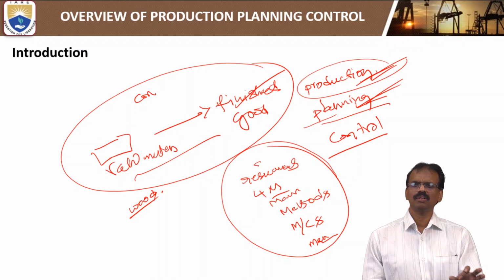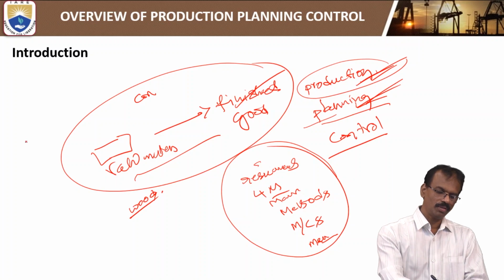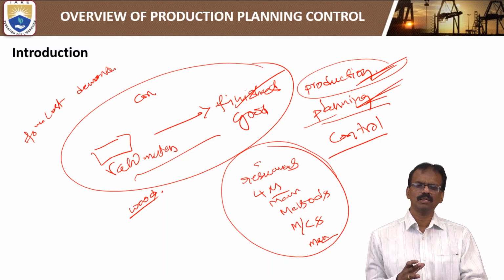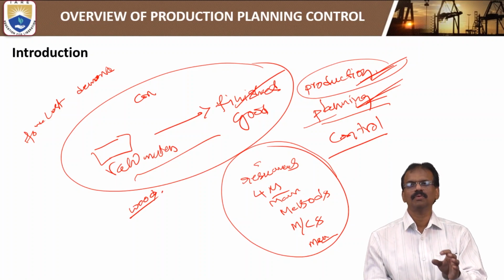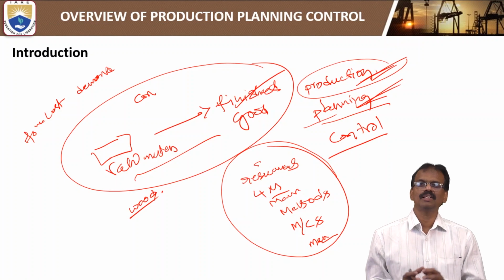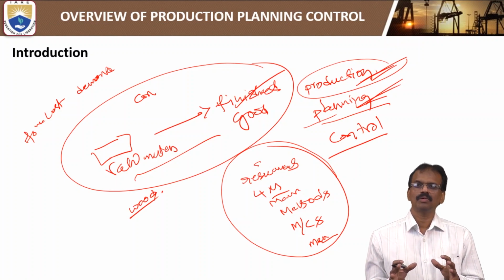So we have to consider all these things. Automatically we have to forecast the demand. So forecasting is very important. Forecasting demand means estimation or prediction of the future demand of a particular product by using the present data and present processes.